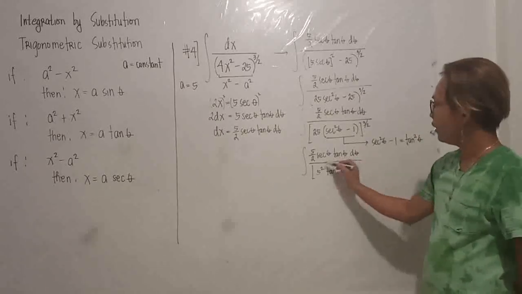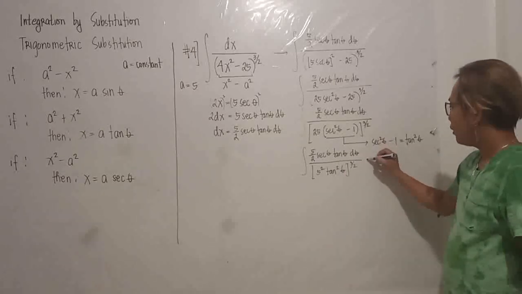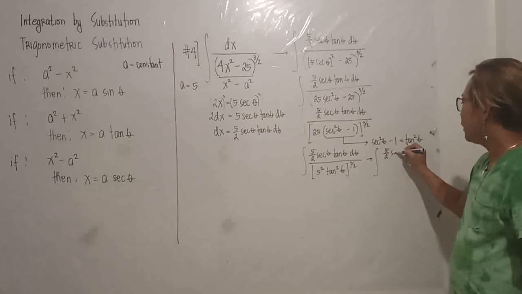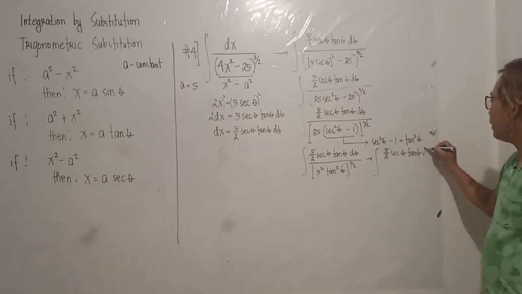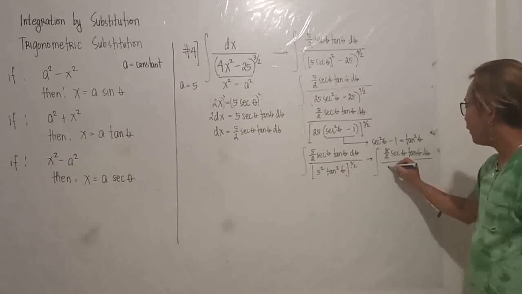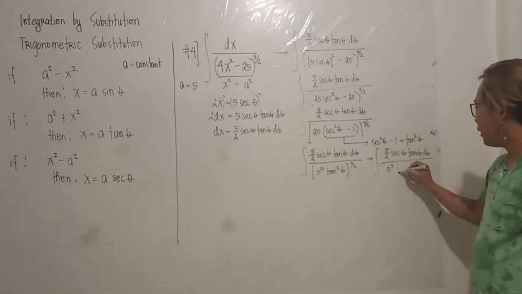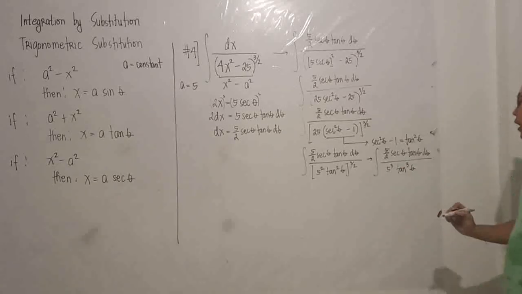Then again, distribute the exponent. You will now have 5 halves, secant theta, tangent theta, d theta, all over this is now 5 cubed then tangent cube theta.